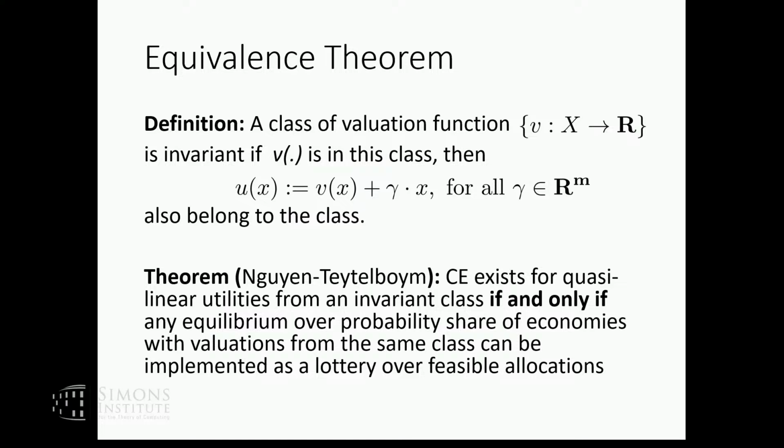So you can define a class of valuations that is invariant: if v is in the class, I can add any linear function to it and it's still in that class. So the theorem says that a competitive equilibrium in the economy with money, quasi-linear, exists if and only if any equilibrium in this no-money lottery share setting can be implemented.